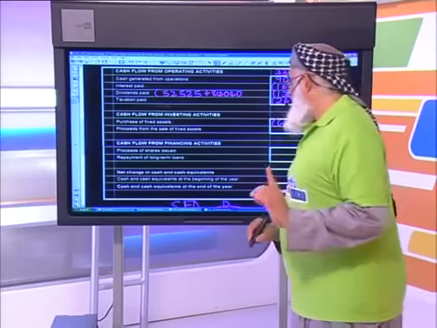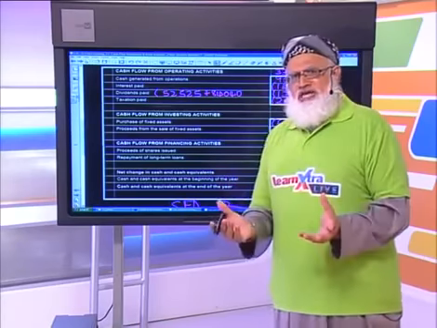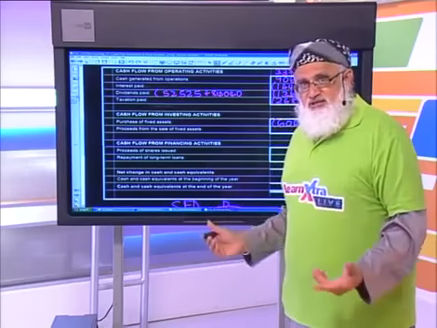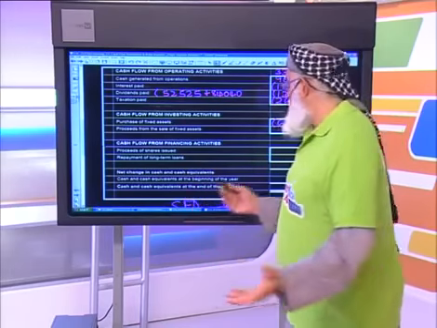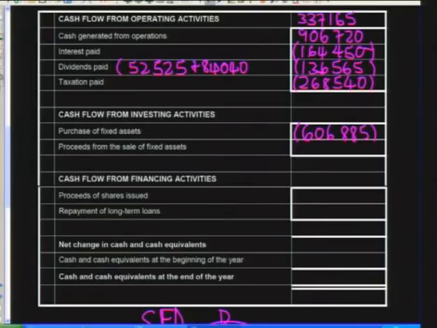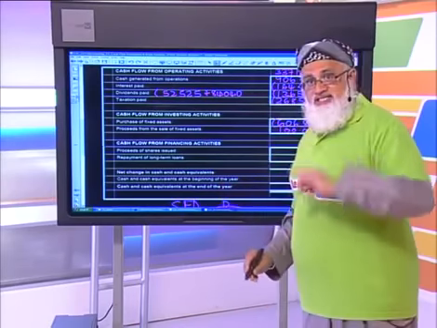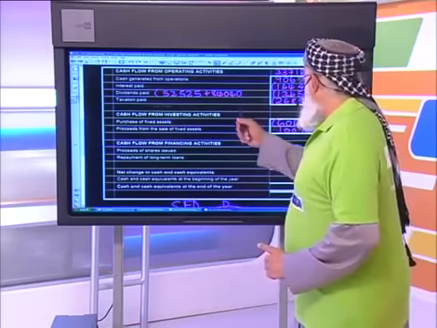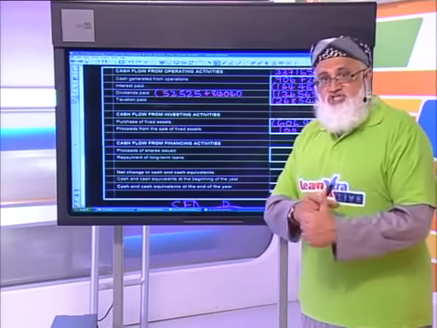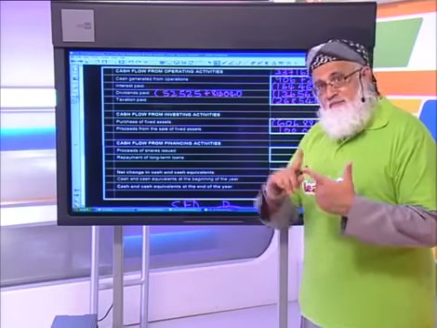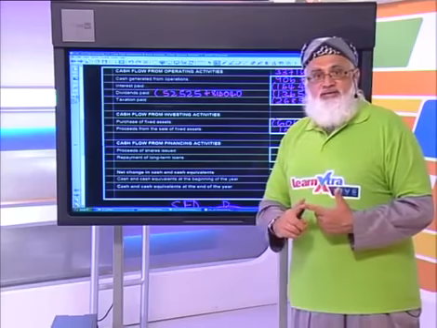Okay, and now, what was my proceed? Remember, in this particular case, the proceed was given to you. What was the value? The value was 100,000. Now we all know that the investing activities in this particular example had only two components: the purchase of the tangible asset and the proceed of the tangible asset.